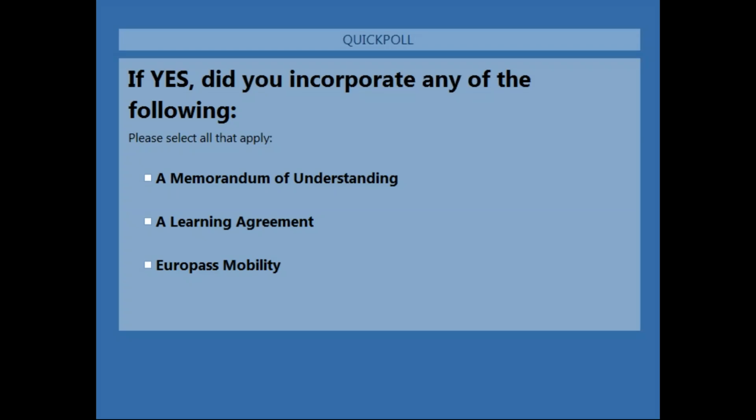And of those of you who have submitted an Erasmus Plus KA1 application, we asked, did you incorporate a Memorandum of Understanding, a learning agreement, or a Europass mobility certificate?